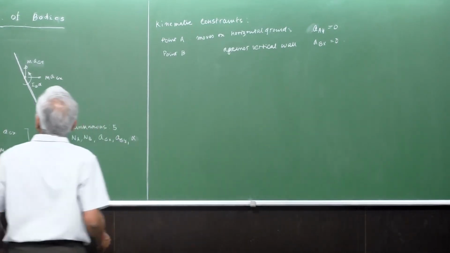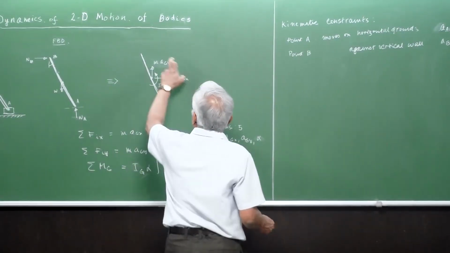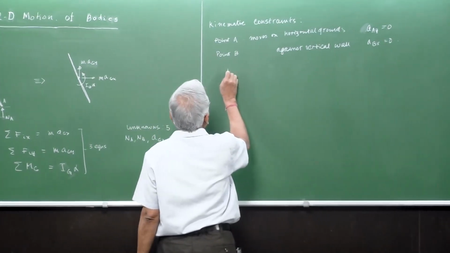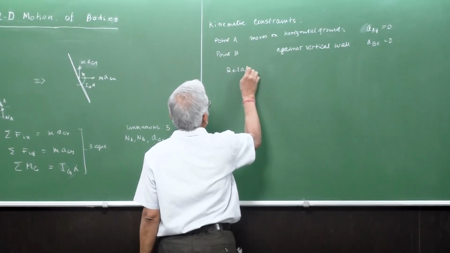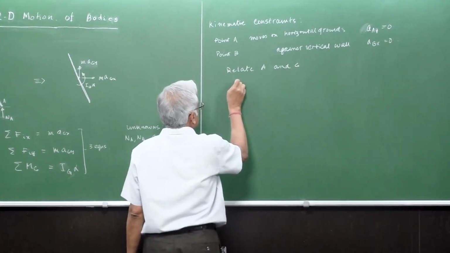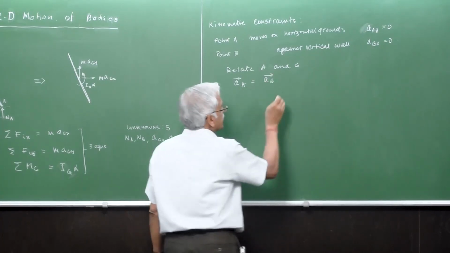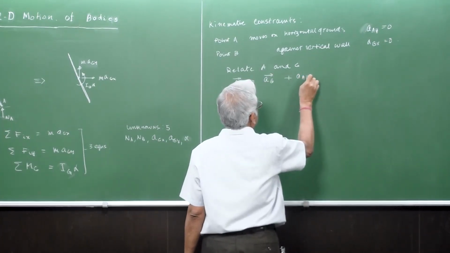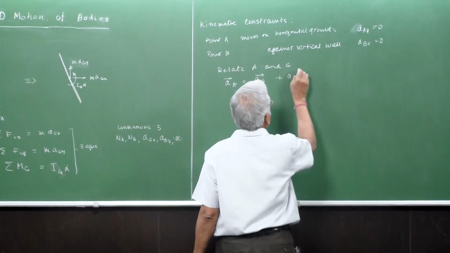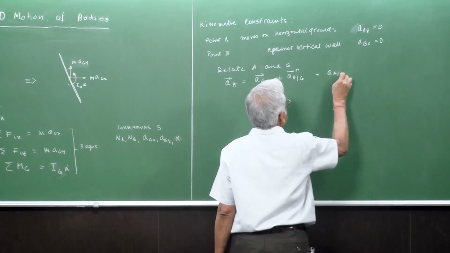So these are not given at G, but they are given at A and B. That means if you want to get a relationship between AGX and AGY, we have to relate A and G. So acceleration of A is acceleration of G plus acceleration of A with respect to G, which will have two components, a normal component and a tangential component.